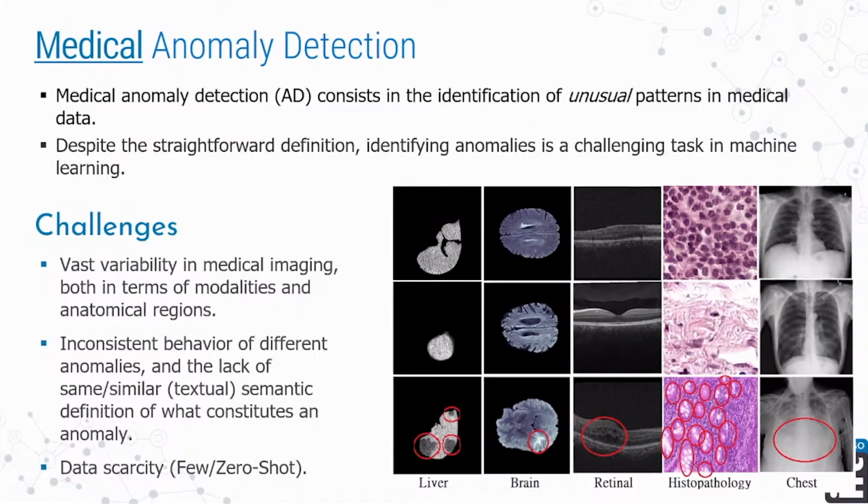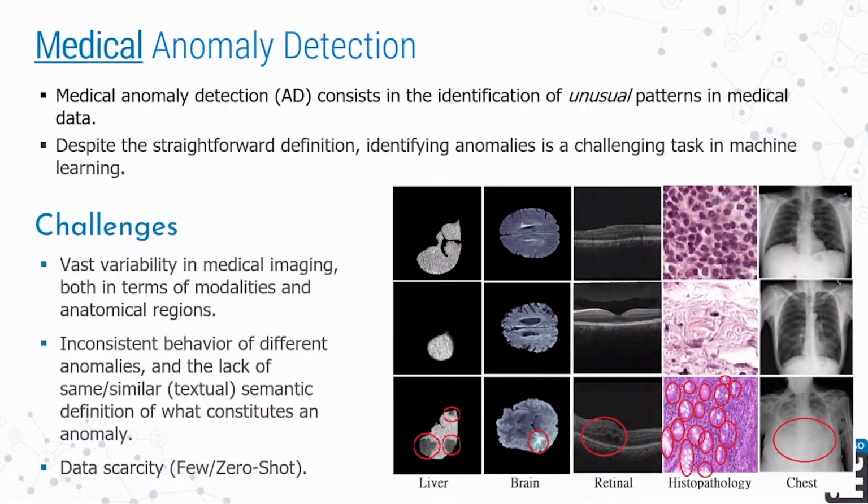First of all, there is a variability of the medical imaging modalities and also anatomical regions. We have MRI, magnetic resonance, we have histopathological images, OCT, X-ray, a lot of modalities, and also very different anatomical regions like brain, heart, liver, whatever.